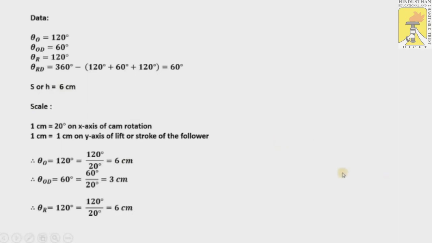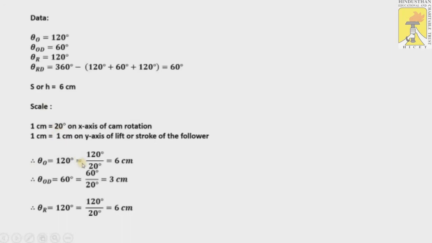The lift or stroke is equal to 6 cm, as given in your data, and the scale is 1 centimeter equal to 20 degree on the x axis of the cam rotation, and 1 centimeter equal to 1 centimeter on the y axis of lift or stroke of the follower. Okay.